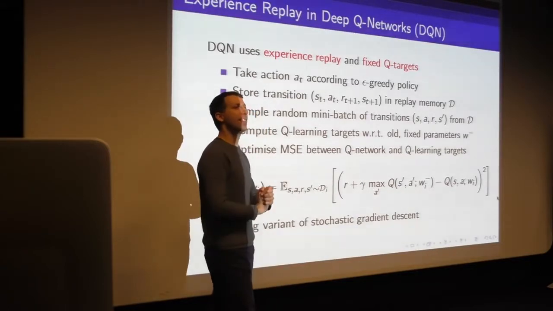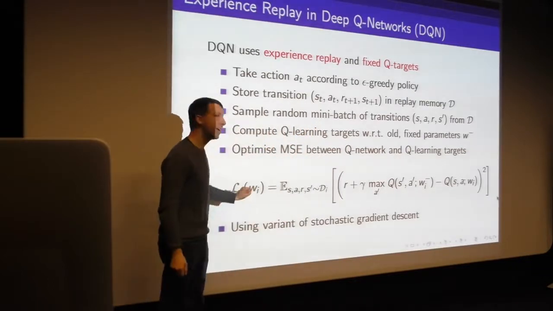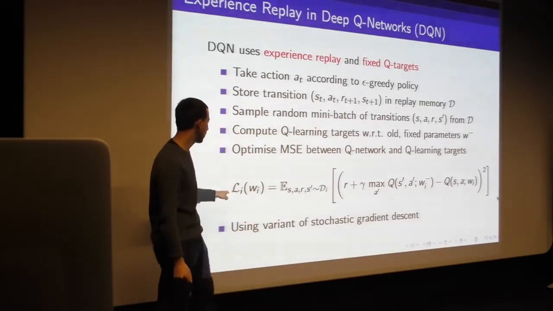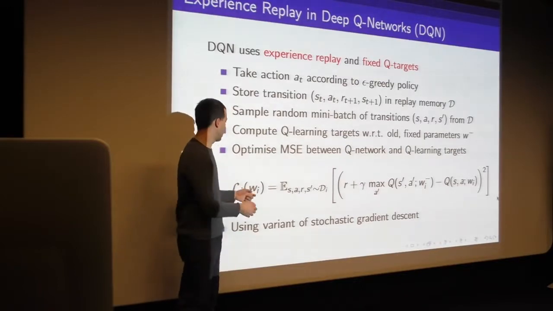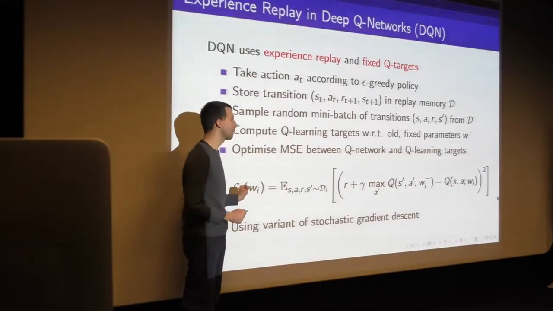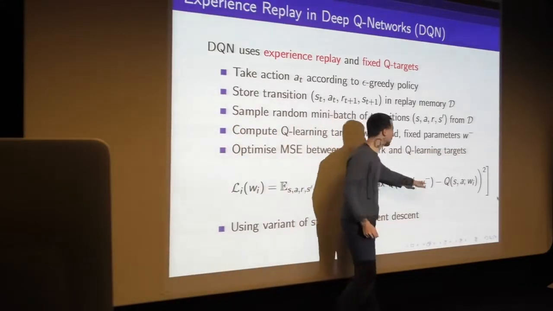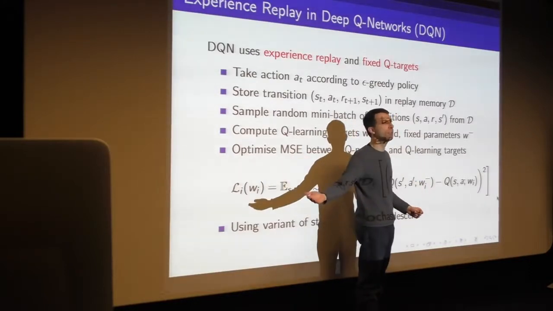So we have two parameter vectors at any iteration i. What this is saying is we're going to optimize the loss function for that iteration. We're going to update our latest parameters, Wi. And we're going to remember some old parameters, say from 1,000 steps ago.